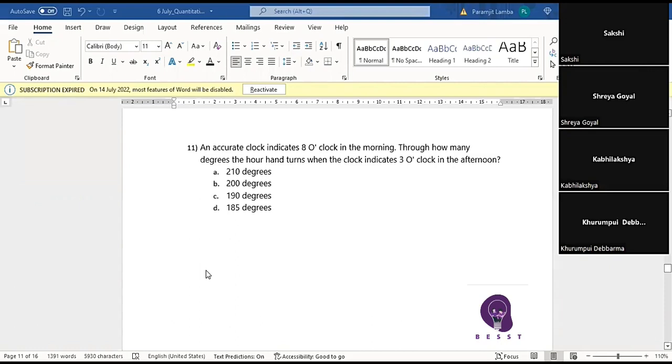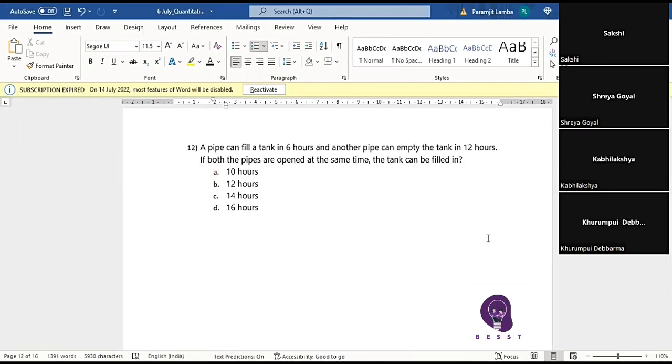In 12 hours, the hand covers 360 degrees, like you very correctly said. So 360 divided by 12 into 7. That's 210. So your answer is correct.